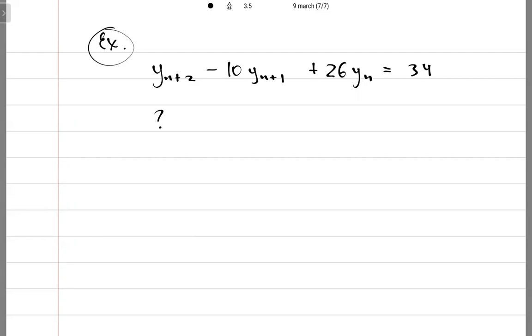Because we have no initial conditions, we should solve it for the general solution. If we have initial conditions, then we search for a particular solution. If we do not see any initial conditions, then we are searching for the general solution. Let's find the general solution.